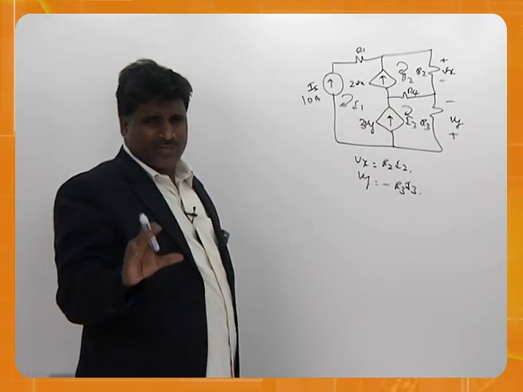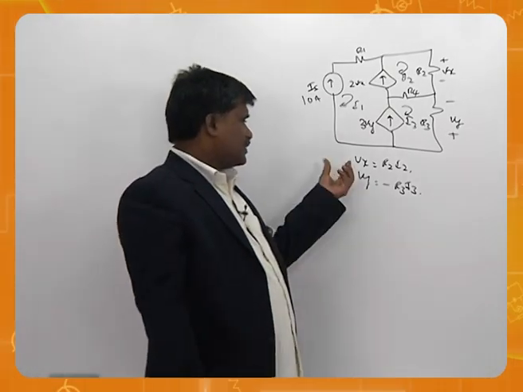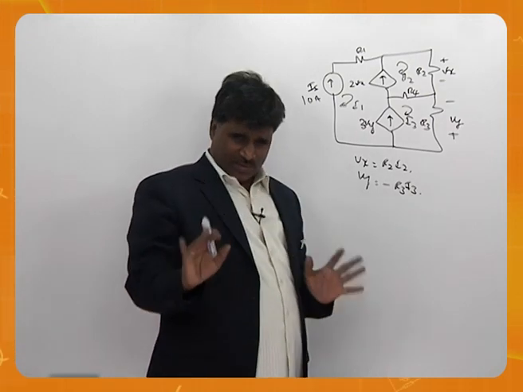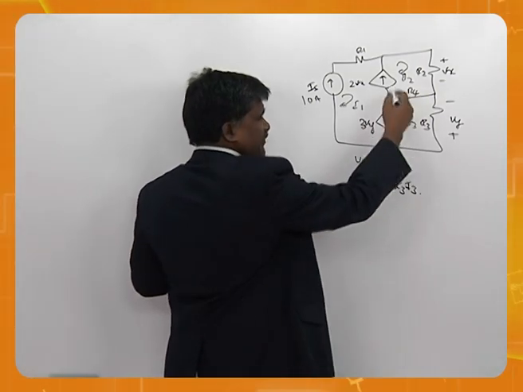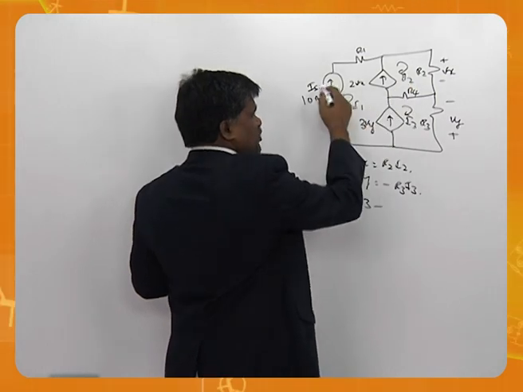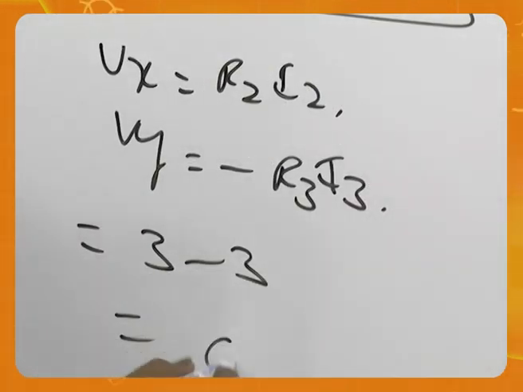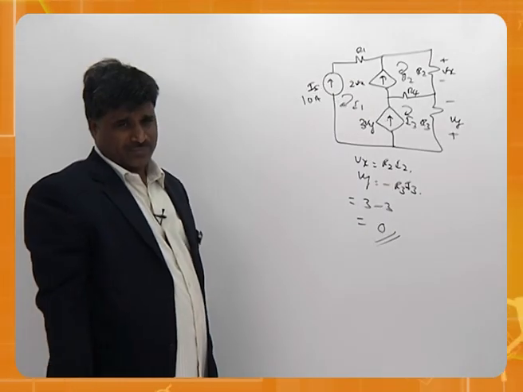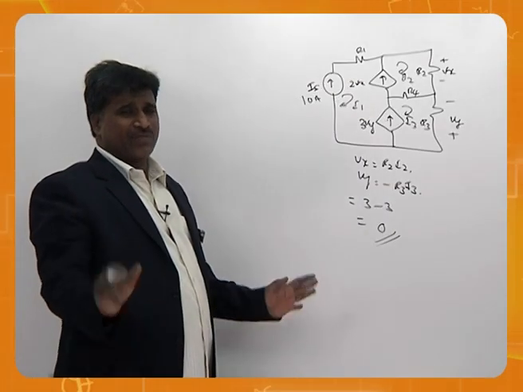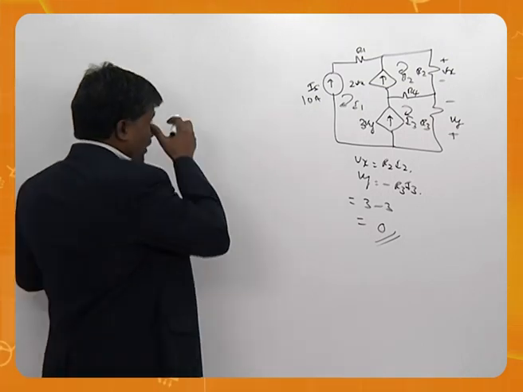Always, whenever there is a dependent source, please define dependent sources. Then how many equations required? 3 loops are there, 3 current sources are there. So number of equations required is equal to 0. It's no equation required. That means all are relations.